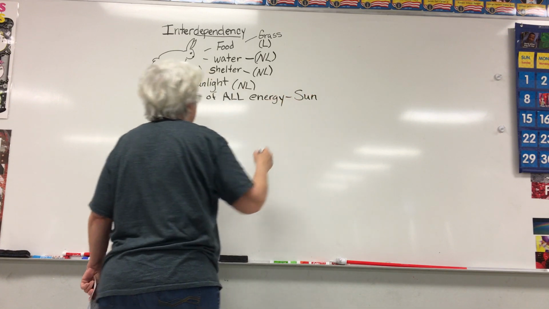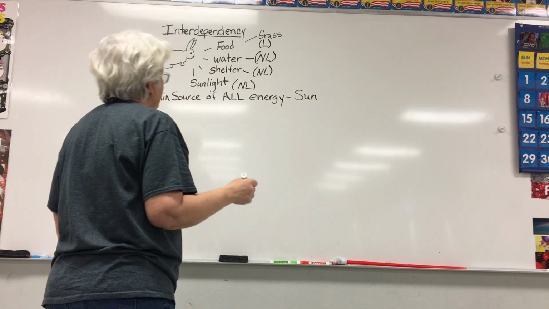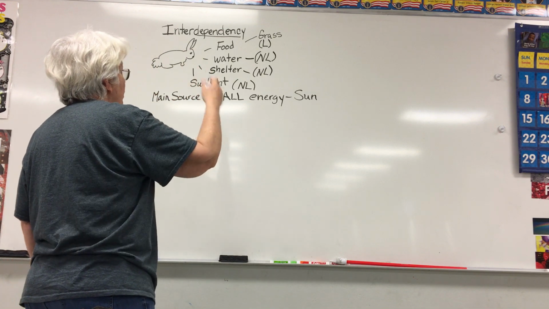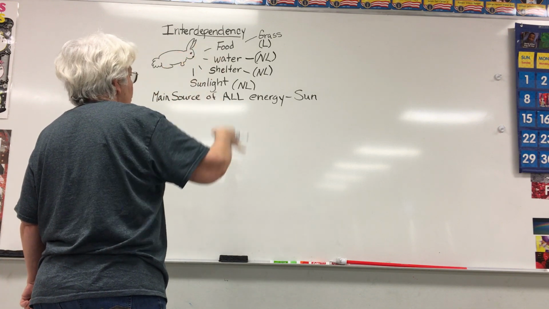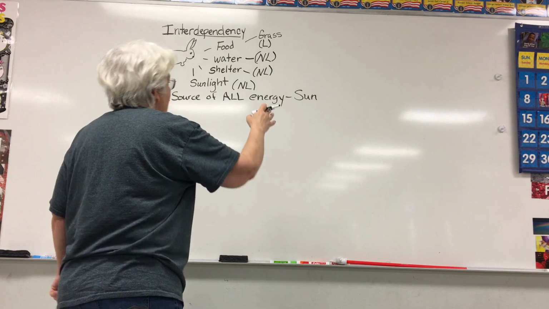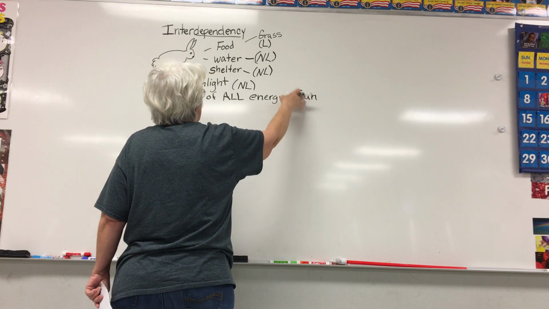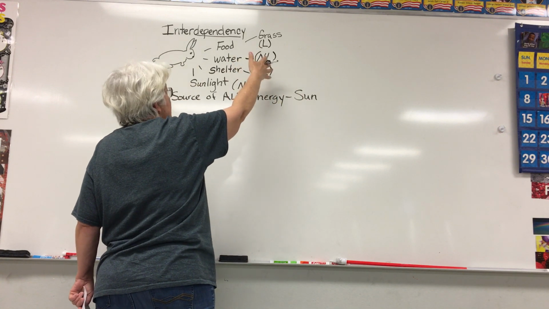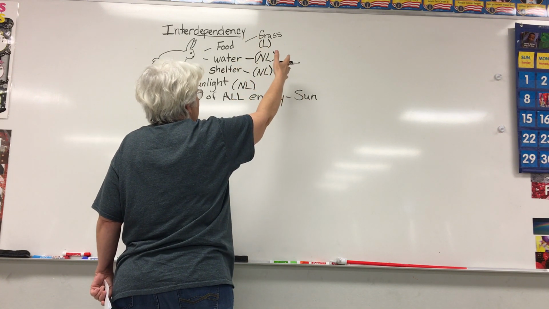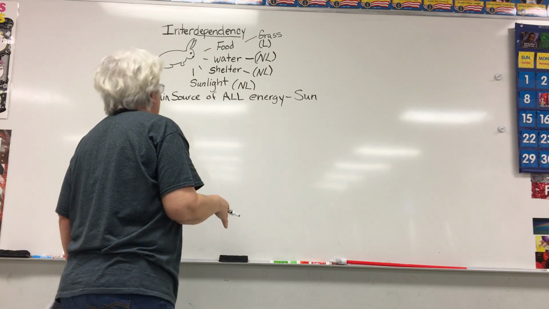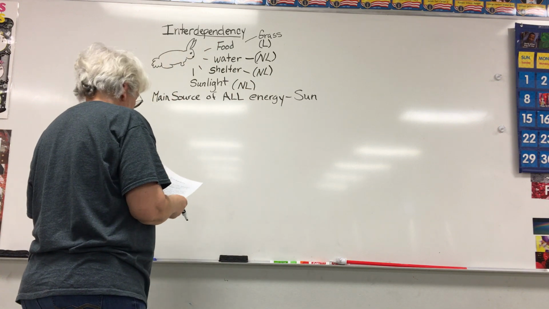Without the sun, we wouldn't have anything, okay? Grass wouldn't grow, there wouldn't be water, there wouldn't be shelter, there wouldn't be anything, because the sun is what starts it. You say, well, how does the sun start it? Well, the sun shines down, and the grass grows. So the main source of all energy is the sun.